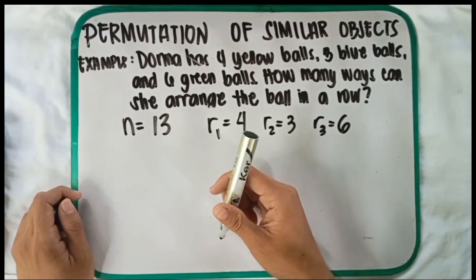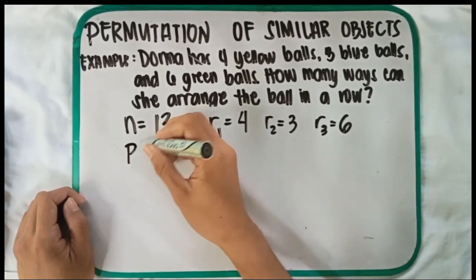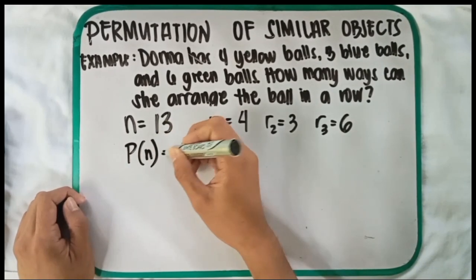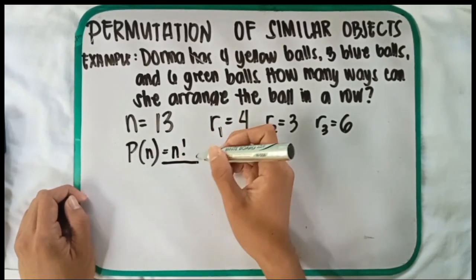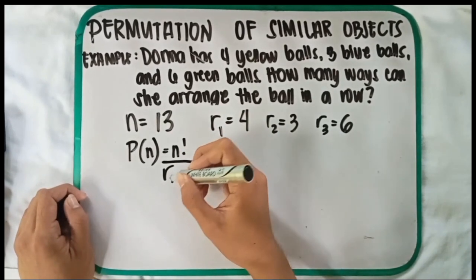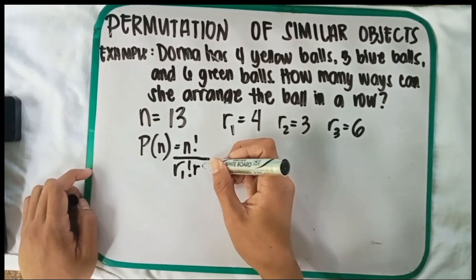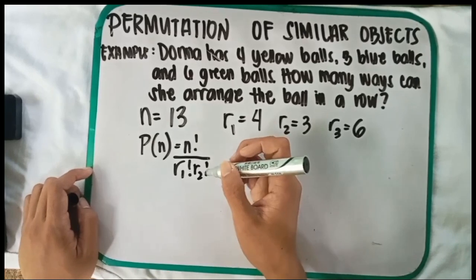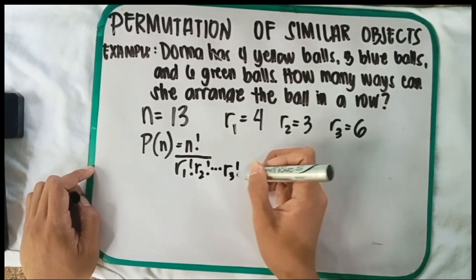To solve this problem, we're going to use this formula, which is P of n is equal to n factorial over r sub 1 factorial, r sub 2 factorial, and r sub 3 factorial.